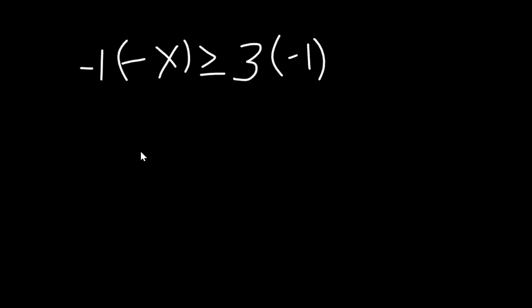Negative 1 times negative x is positive x, and then 3 times negative 1 is negative 3. Since we multiplied by a negative, we have to flip the sign. So instead of greater than or equal to, it's now less than or equal to negative 3. So flip the sign from this to this.